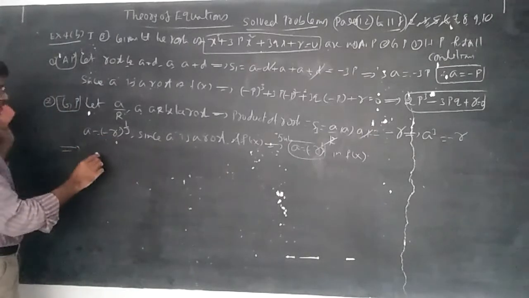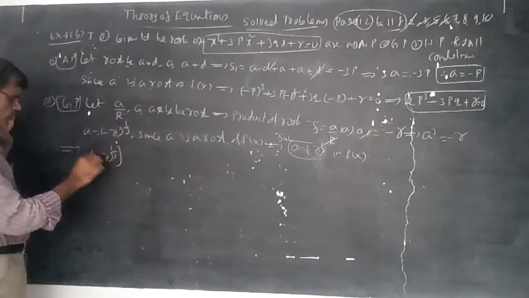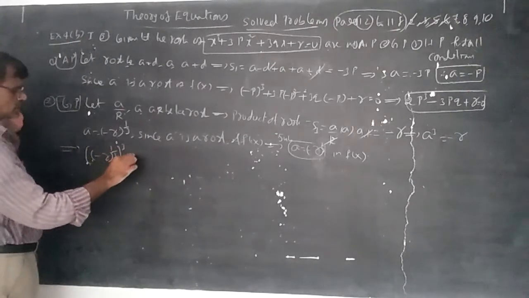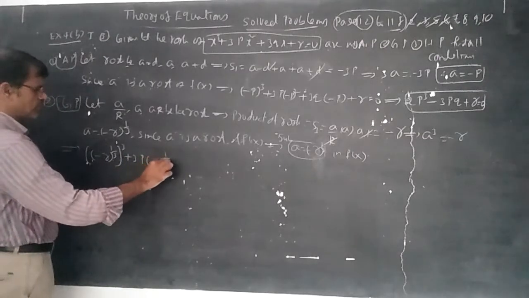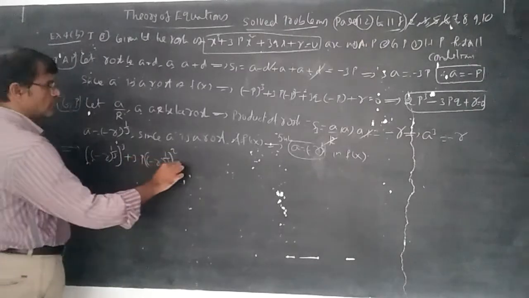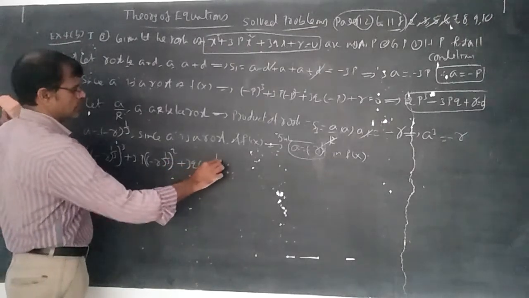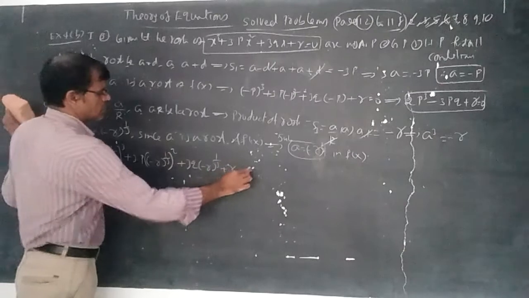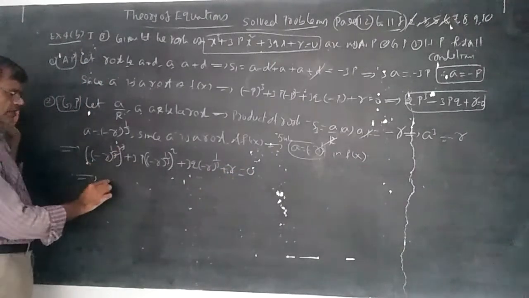Once again I am writing. This is (minus r power 1 by 3) whole cube plus 3p into (minus r power 1 by 3) whole square plus 3q into minus r power 1 by 3 plus r is equal to 0. That implies 3 and 3 will be cancelled here.